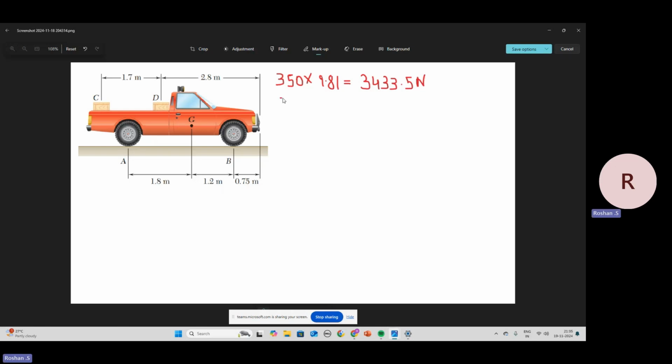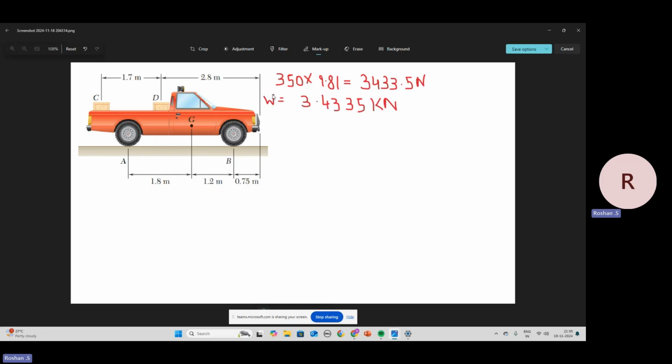So we get 3.4335 kilonewton. We'll consider this to be W, the weight of the crates.